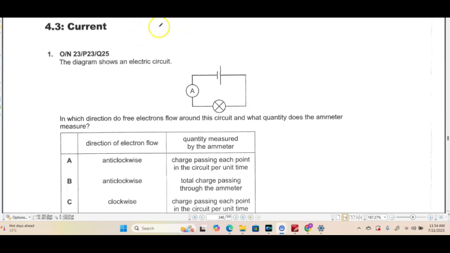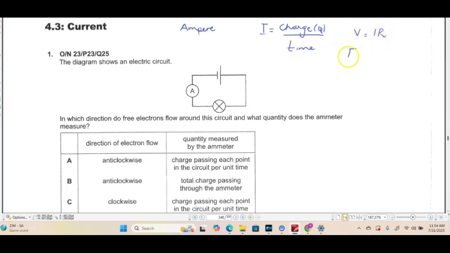Current basically has a unit, and it's measured in amperes. In order to find current, you have two basic formulas: current is equal to charge Q by time, and the other one is V is equal to IR, most of the time.